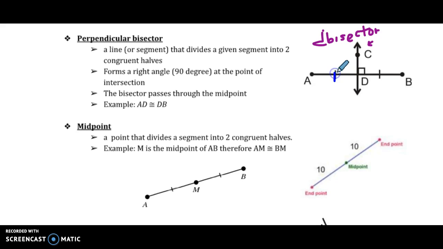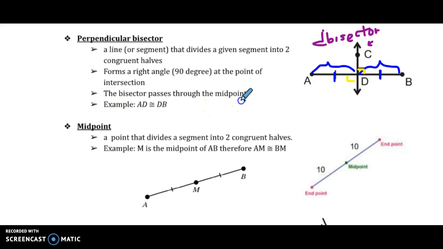Notice on AB we have 2 congruency marks that indicate that AD is the same distance as DB. We also have the little box to indicate that CD is intersecting AB at a right angle.